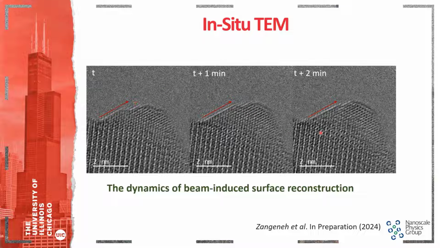From left to right, we see 2 minutes of captured video, and these are the frames of that video. We can see the atoms sitting on top of each other and creating this layer, layer by layer, from left to right, indicated by this inset red arrow. Over time, this layer grows in this direction, and then the next layer sits on the left side of this layer as well.